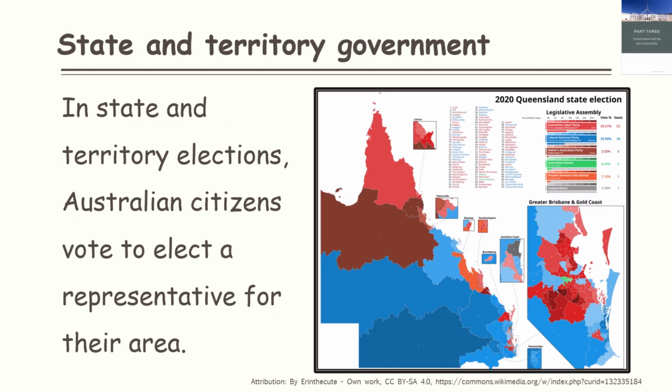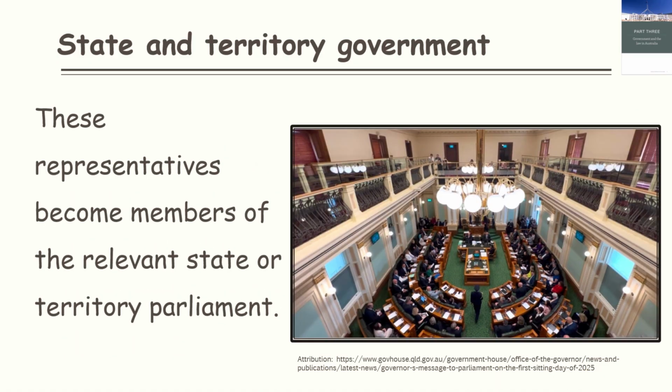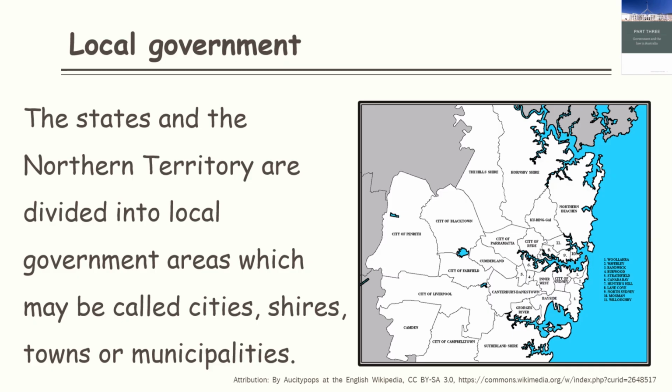In state and territory elections, Australian citizens vote to elect a representative for their area. These representatives become members of the relevant state or territory parliament. The states and the Northern Territory are divided into local government areas, which may be called cities, shires, towns, or municipalities.